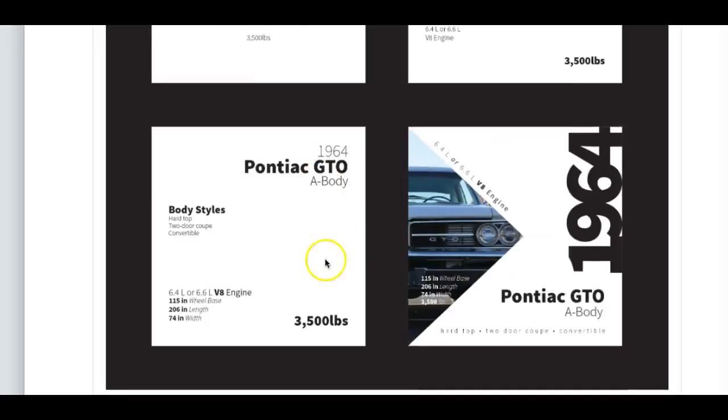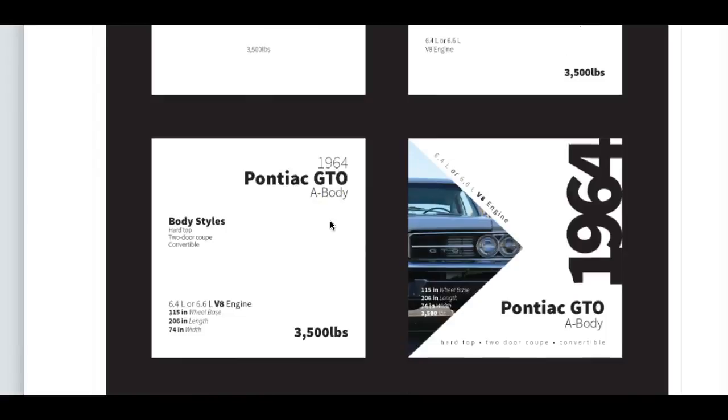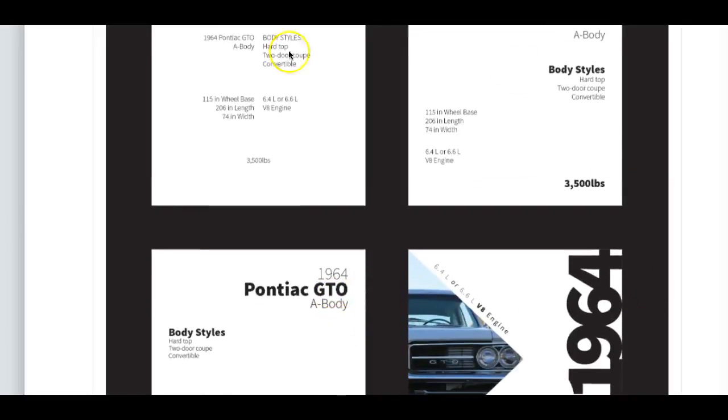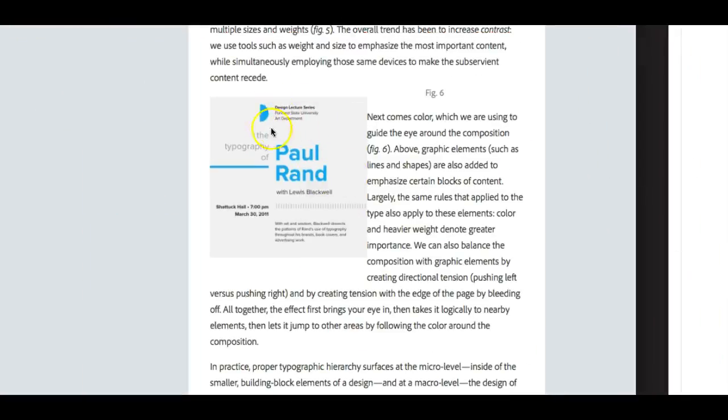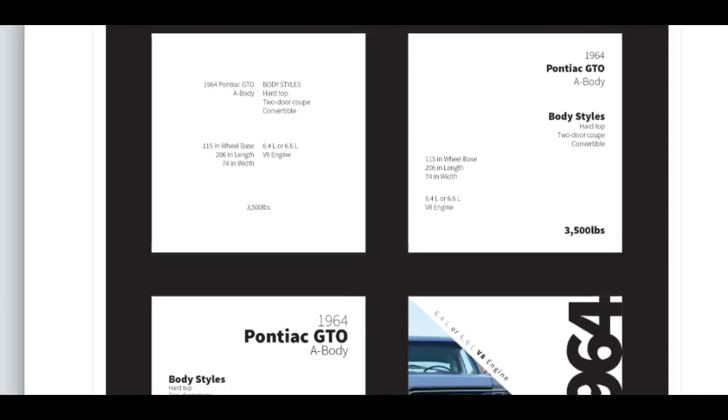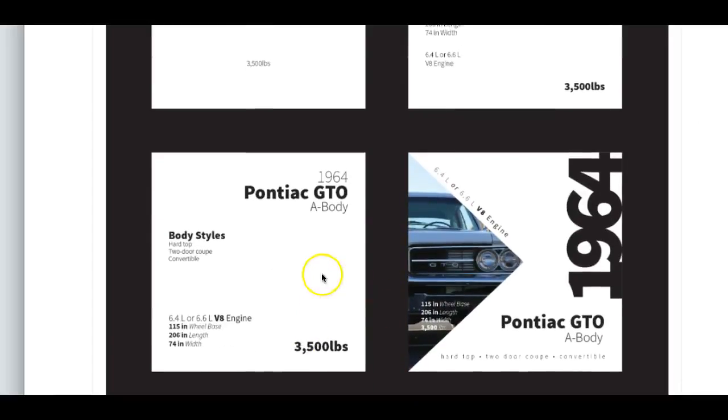This piece here is interesting because you're starting to lose hierarchy, and the reason is that you've basically got four different compositions on the same page: one, two, three, four. So instead of reading through the example seamlessly, deciding what you want to look at first, second, third, fourth, and fifth, and really understanding how the designer wants you to look at it, over here you've got too much eye movement in this composition.